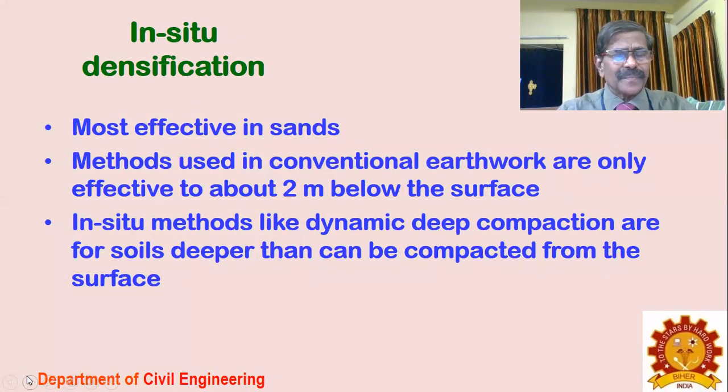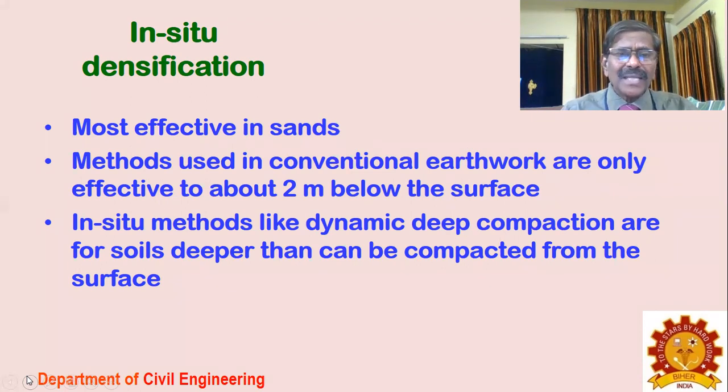In-situ densification is most effective in sand. Methods used in conventional earthwork are only effective to about 2 meters below the surface. In-situ methods, like dynamic deep compaction, can compact soil deeper than that from the surface. With in-situ densification, you densify the soil at the site by displacing the soil and putting more compacted material into it, for example, driving a pile.